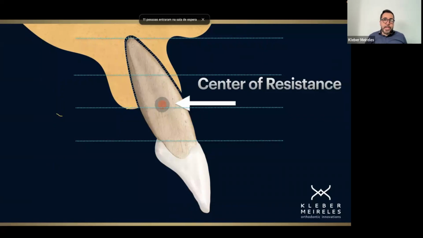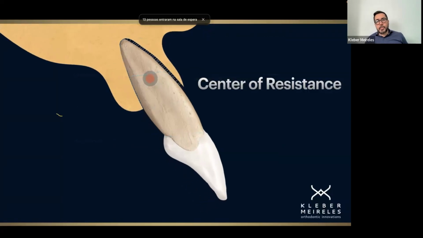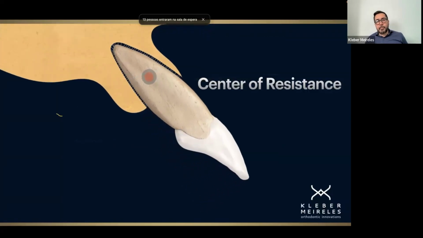If, for example, we have periodontal loss, bone loss, the center of resistance is going to migrate apically. And this is important for us, since we are applying the force further distant from the center of resistance. And this is what's going to happen when we apply the force.